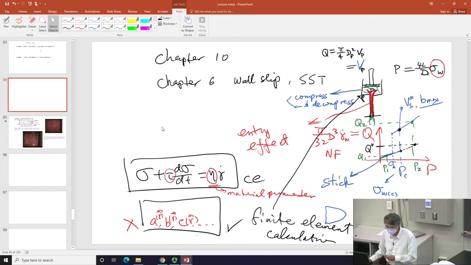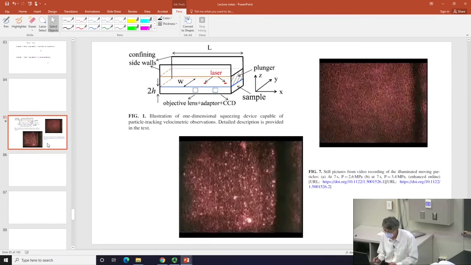So in any case, I'm going to just give you one more case showing you different examples of non-uniform deformation.